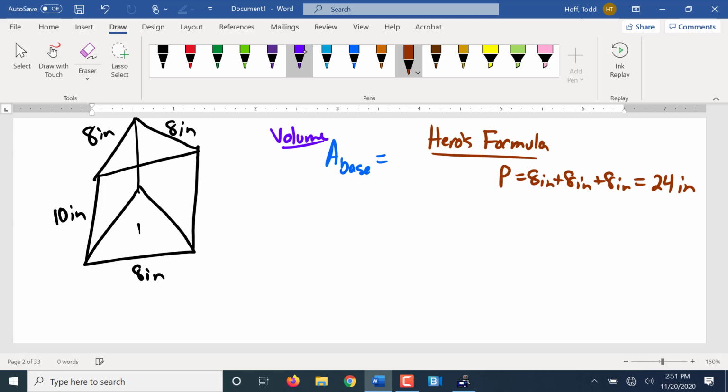What do we do from there? Divide by 2. Semi-perimeter is half of the perimeter.